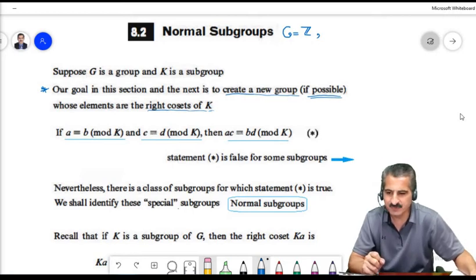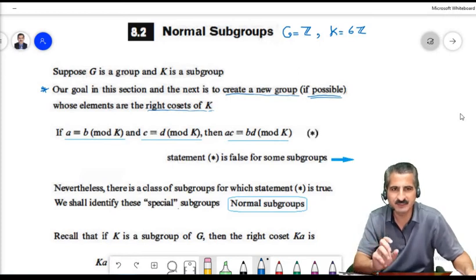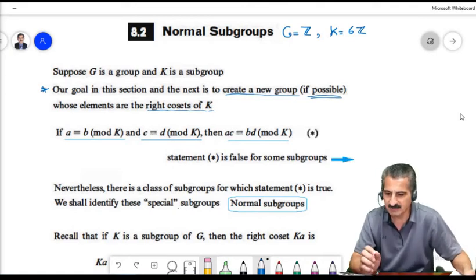If we choose the subgroup K to be 6Z, now we can make the right coset or the left coset, because adding from the right or the left inside this group Z does not matter, because this group is abelian. But let's keep it as a right coset.